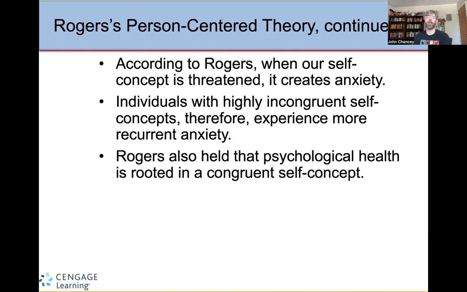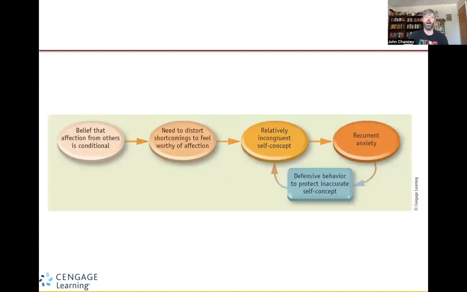So for Rogers, whenever our self-concept is threatened, this is what leads to anxiety, leads to tension. And people who are more highly incongruent experience more anxiety. They tend to be more prone to anxiety. And whether or not we feel congruent in terms of our self-concept is the root of psychological health, how we adjust to the world around us. If we feel congruent or incongruent, that can tell a lot about how we're going to adjust to the world around us, positively or negatively.